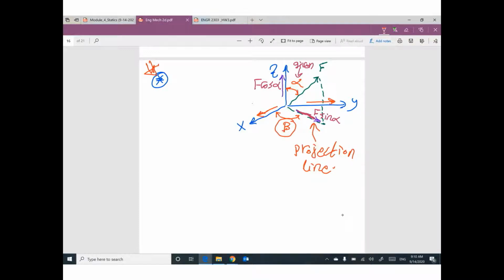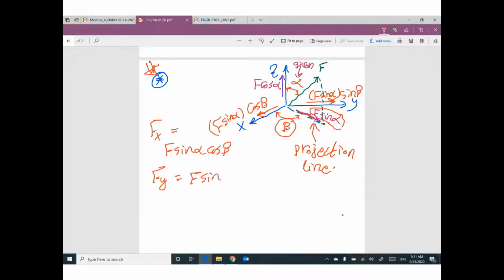So this value, which is F sine alpha, will be multiplied by cosine beta, and this value, F sine alpha, will be multiplied by sine beta. So finally, this force has X component equal F sine alpha cosine beta, Y component equal F sine alpha sine beta, and Z component equal F cosine alpha.